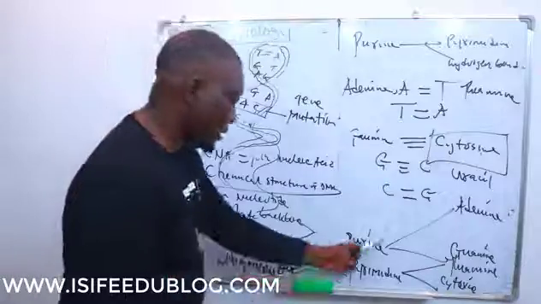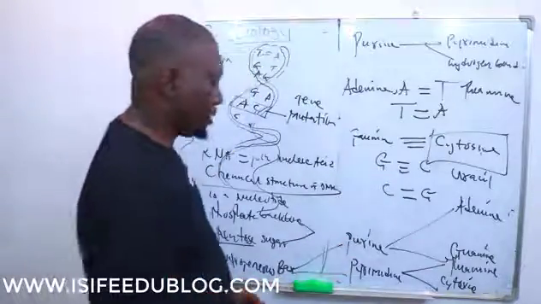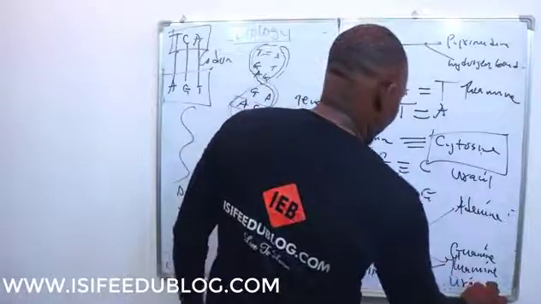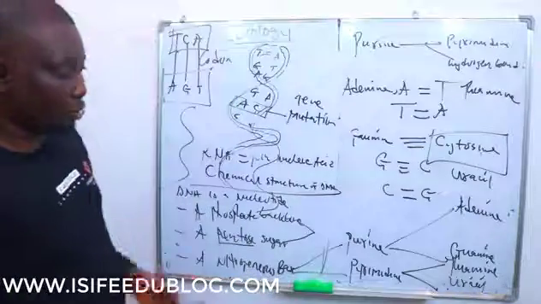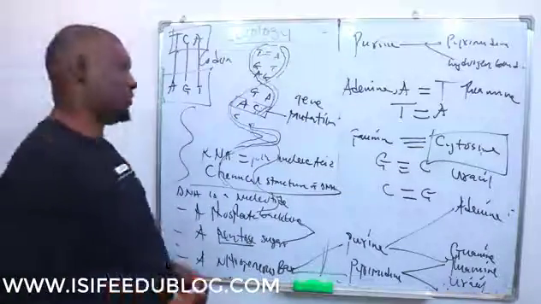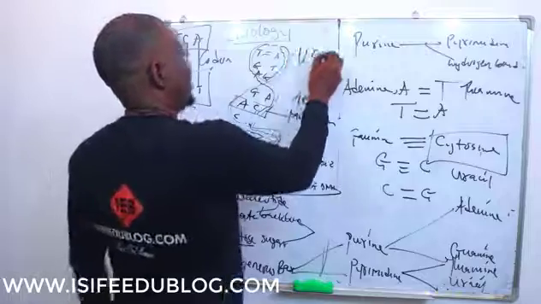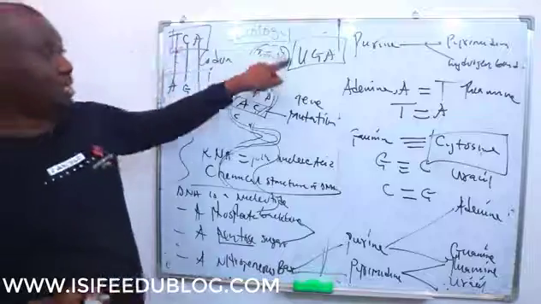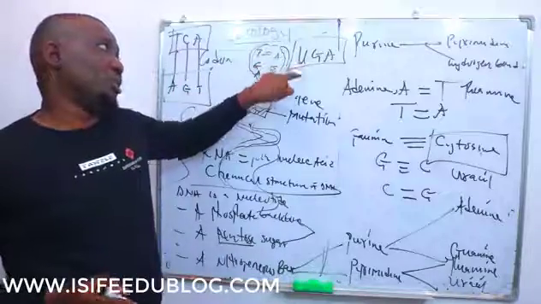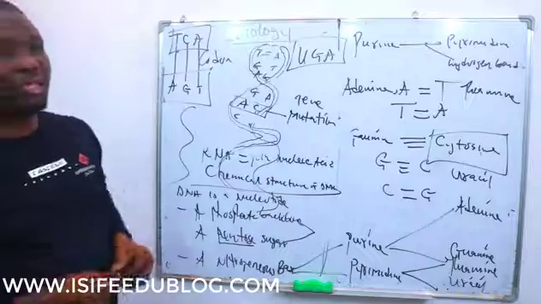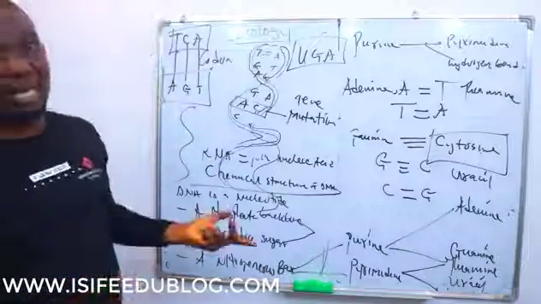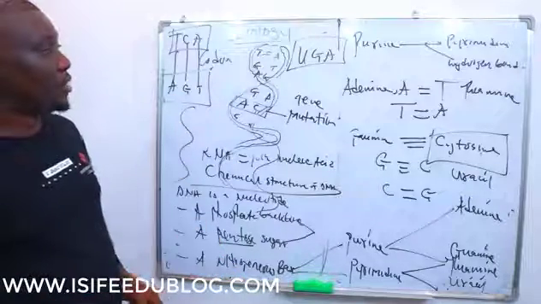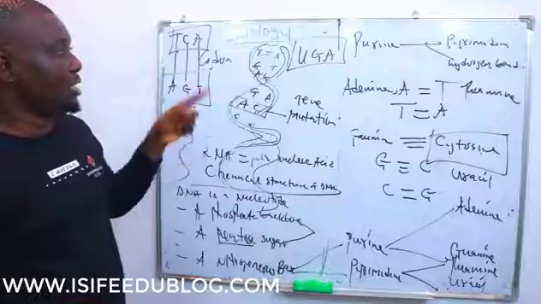So if this is to be RNA, anywhere I see thymine, it will be changed to uracil. You don't see any uracil in any strand of DNA.